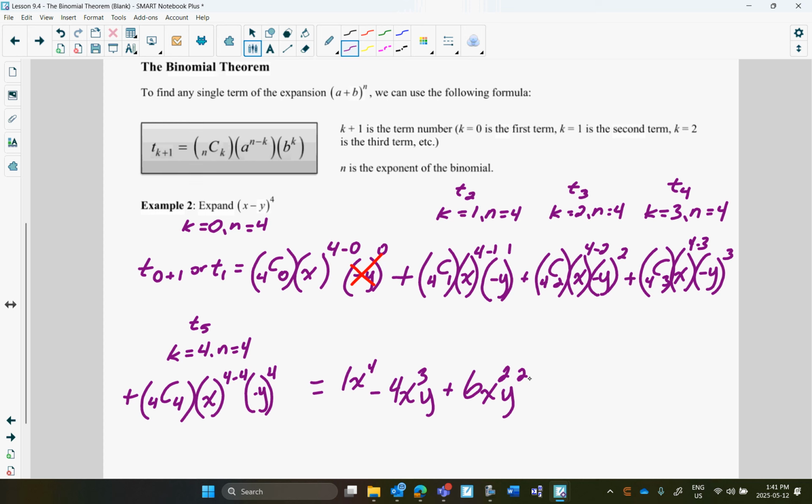Next one, 4 choose 3 is the same as 4 choose 1, which is 4. Notice I'm not putting the sign yet because it's going to become negative. 4 choose 3, and then I've got x to the 4 minus 3, which is x to the 1st. And then I've got negative y to the 3rd, so the negative's got to go here, and then I put y to the 3rd there.